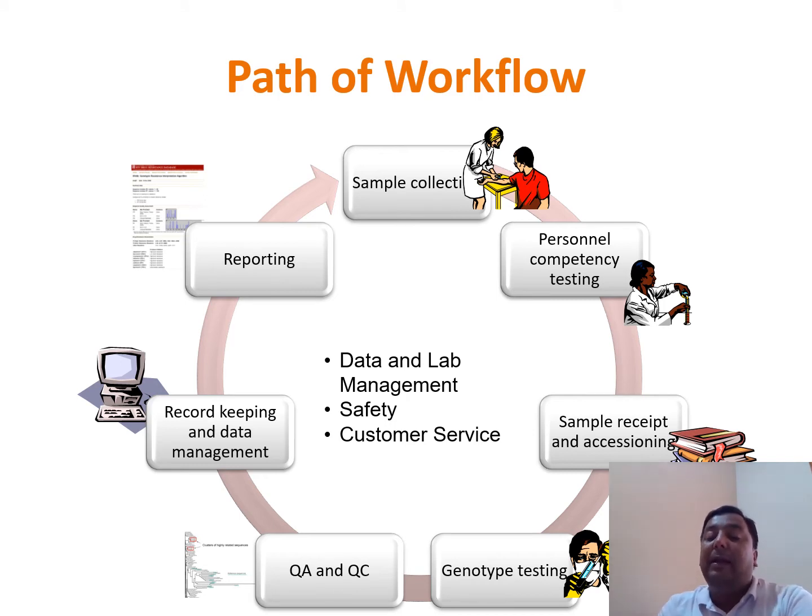Then we also have to look into quality assurance and quality check: quality check deals with quality auditing, and quality assurance deals with monitoring. And once it is okay, the data has good quality, it has no redundancies or duplicates, and everything is confirmed, only then can we go for record keeping and data management, which is part of computer system validations, and then reporting.